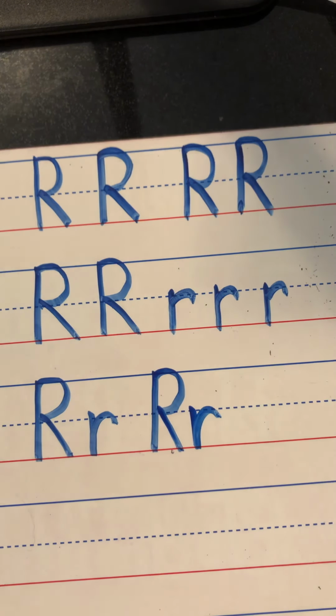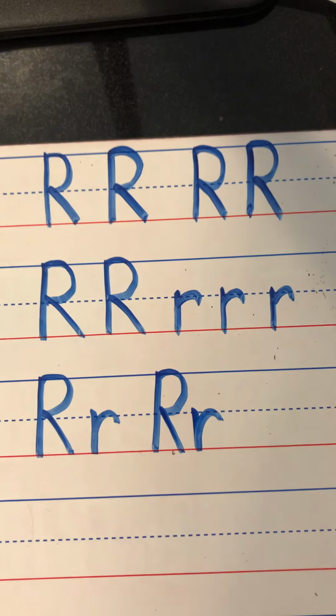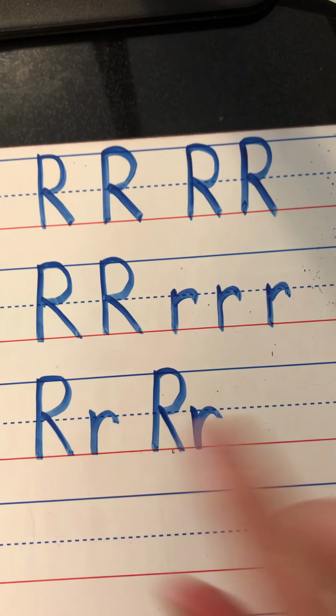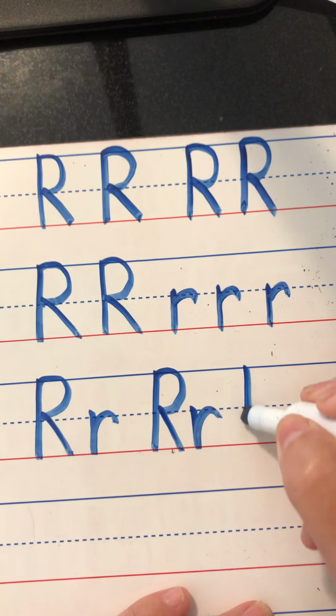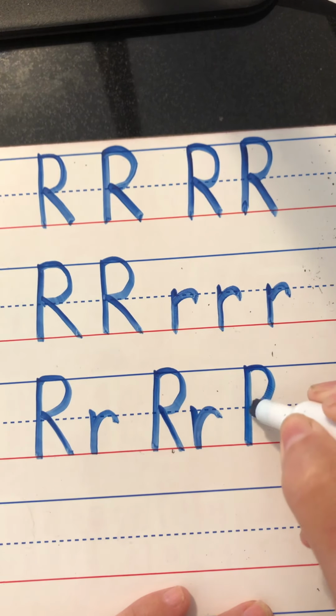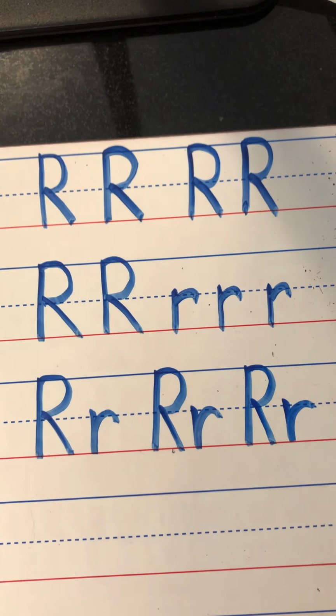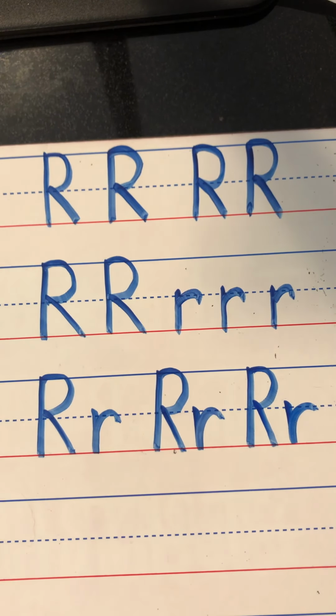Whether you have the most beautiful R in the world, it doesn't really matter at this point. So as long as you like it, that's what matters. R, okay? So we want to know the sound. We want to know the name of the letter. So you can continue working on these R's on your own.